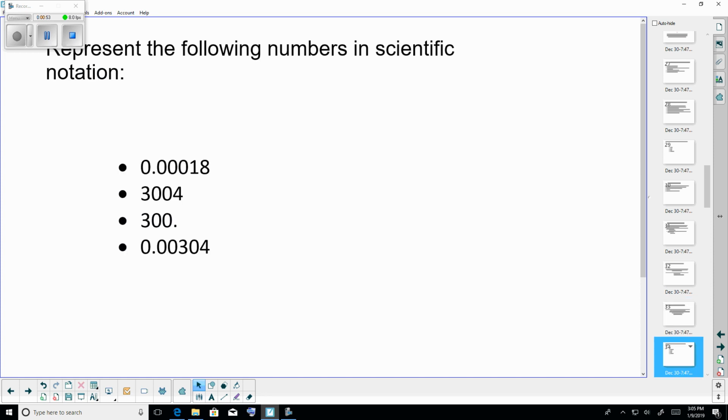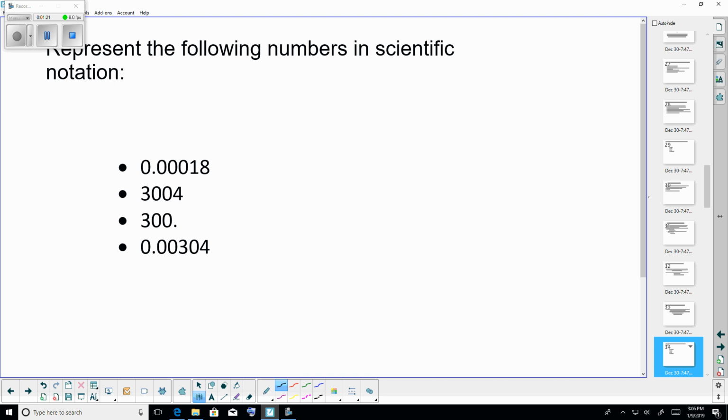So looking at examples, what would the top one be? Tell me in scientific notation what that would be. 1.8 times 10 to the what? Okay.